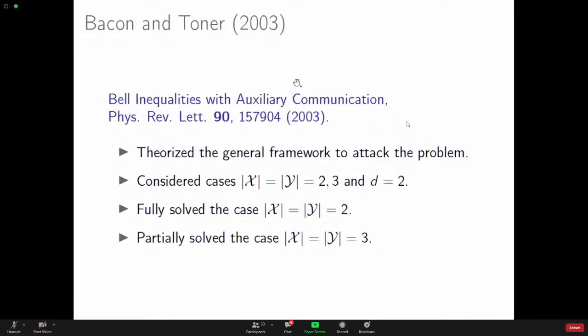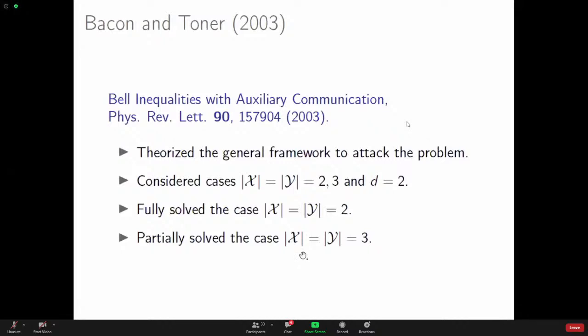If some correlation violates that Bell inequality, it means that the correlation cannot be simulated by the number of bits of communication used to derive it. So if the correlation violates this kind of auxiliary Bell inequality, then with that auxiliary communication it won't be possible to simulate that correlation.